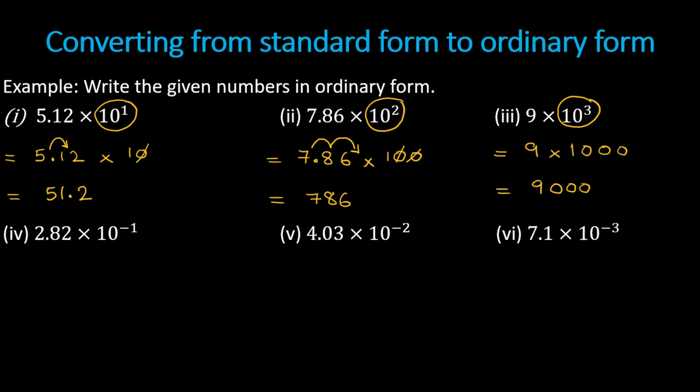The fourth part, 2.82 times... be very careful here. Here you have negative power. What do you do? You convert the negative power to positive. You remember the negative law of indices? You have to take the reciprocal. Right? So convert the negative power to positive power.